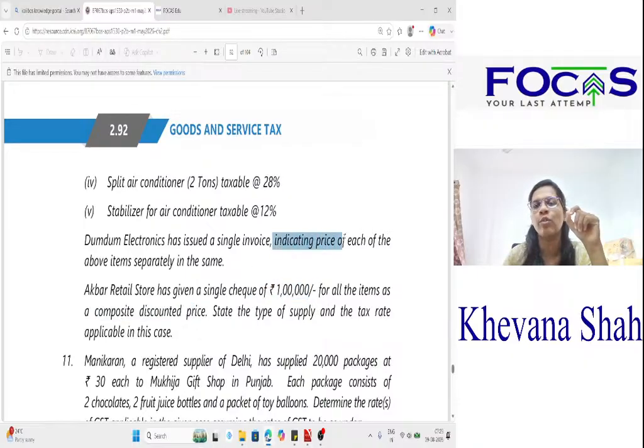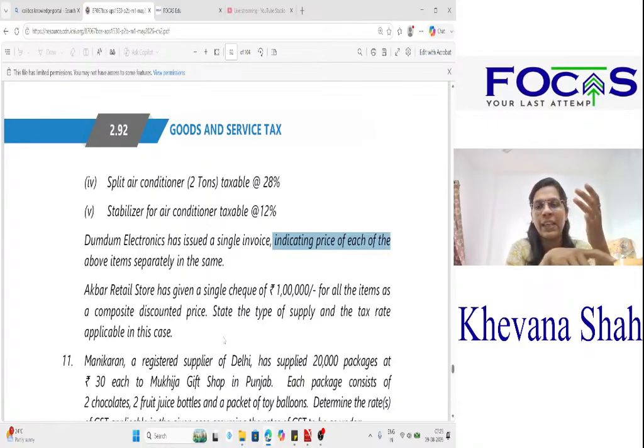Okay, you have to ignore this line. Suppose this line is not given, that indicating each price separately. Dum Dum Electronics has given one single invoice of 1 lakh rupees and it has not given you any of the single prices of each of these items.